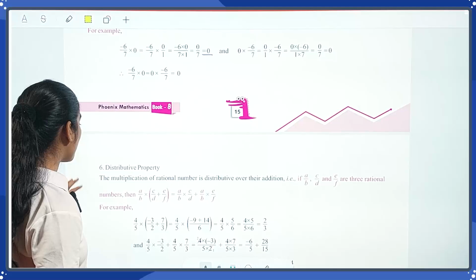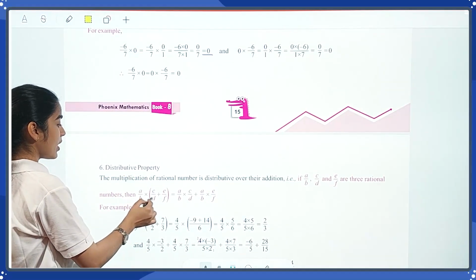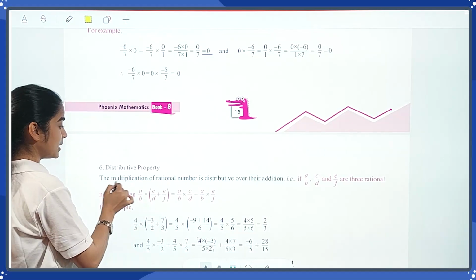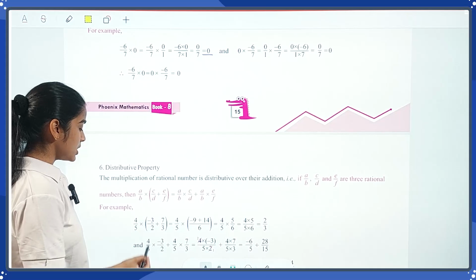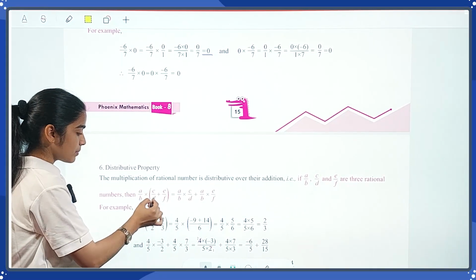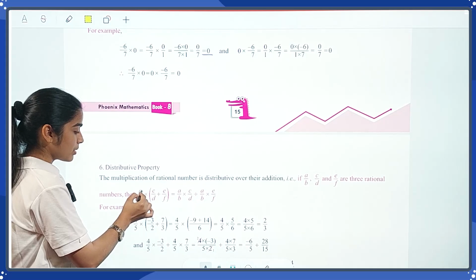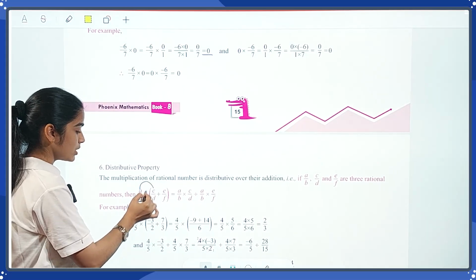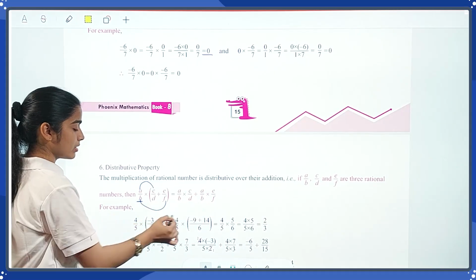Now, the distributive property. It means that multiplication of rational numbers is distributed over addition. If you have two numbers in a bracket and a number outside the bracket, you can multiply the outside number by the first one and by the second one and then add their results.